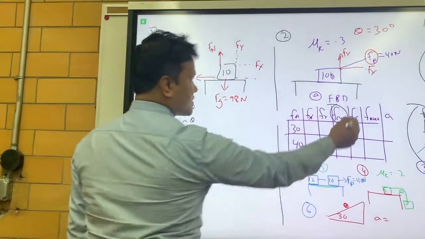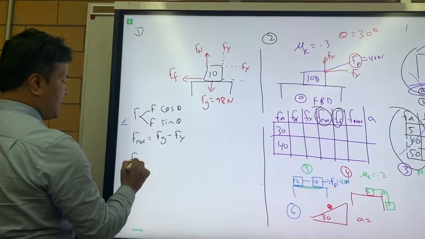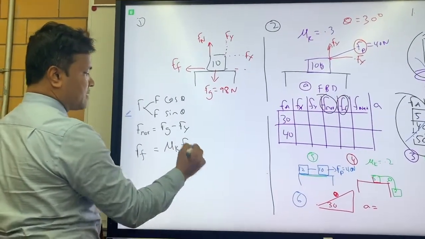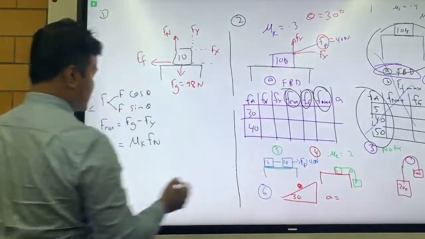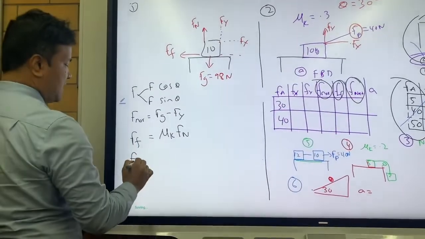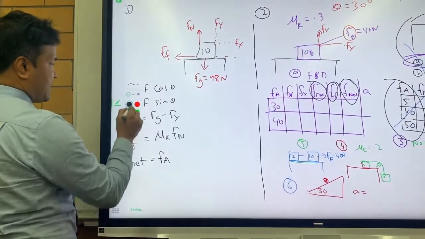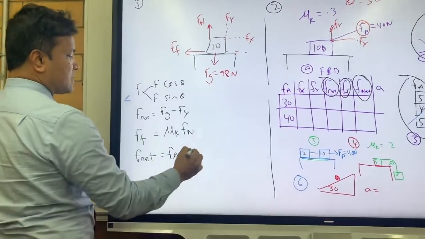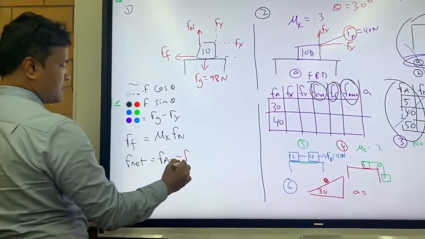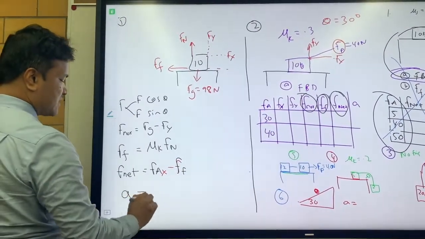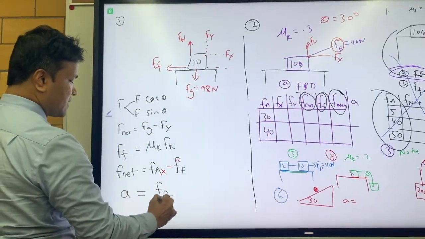Then the equation for Ff: Ff is mu k Fn. Then the equation for F net: F net is equal to Fax, don't forget that, minus Ff. And then finally acceleration is F net over m.